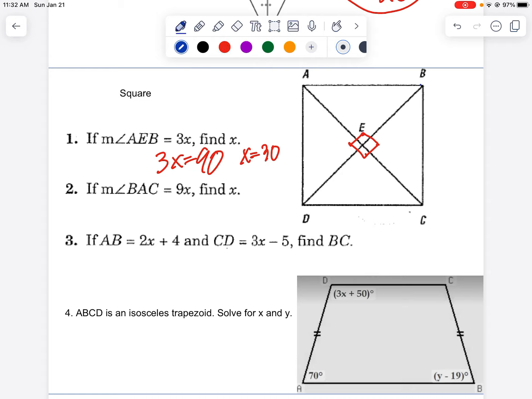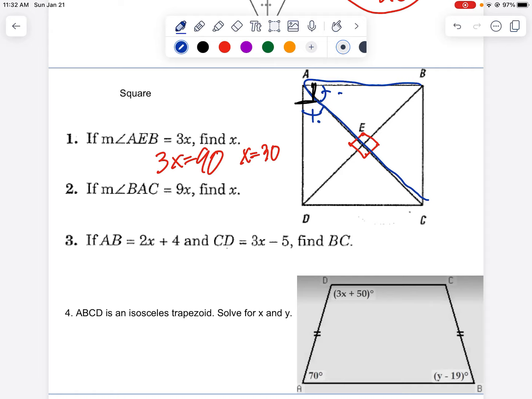BAC. Well, that's one angle right here. You should, on your square picture, have some markings like this, or maybe it has little tick marks like that. Okay, that's good. All right, so I know that these two angles are the same. These two right here. But I also should notice that this right here is a right angle. That corner angle BAD.